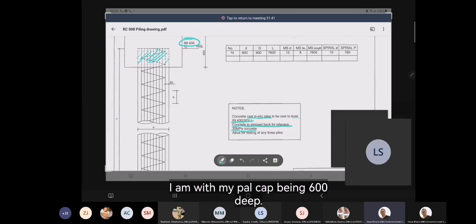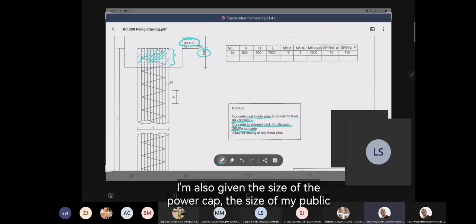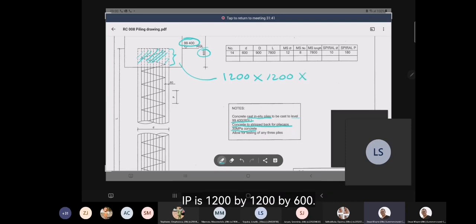With my pile cap being 600 deep, it is possible for me to determine what section needs to be stripped back. I'm also given the size of the pile cap: 1200 by 1200 by 600 deep.